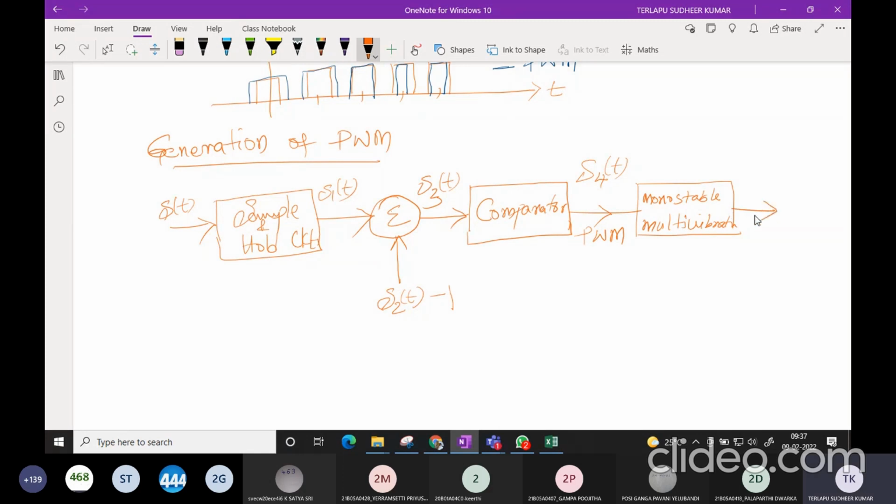Then my output is called the pulse position modulated signal. Let it be S5 of t. We'll come to that S5 of t part, that is the PPM generation part, later. Let us first discuss about PWM, that is S4 of t. How we are able to get that S4 of t pulse width modulated signal.